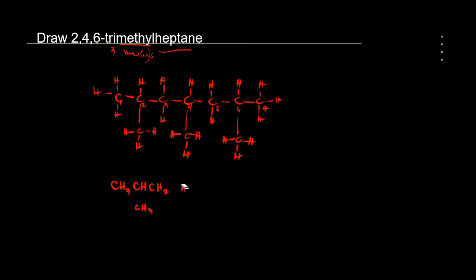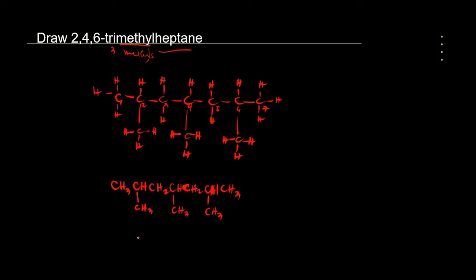CH, where are we? CH and another methyl, and then CH2, CH, CH3, and then CH3. If there are any mistakes, just point it out in the comments. I would be glad to know.